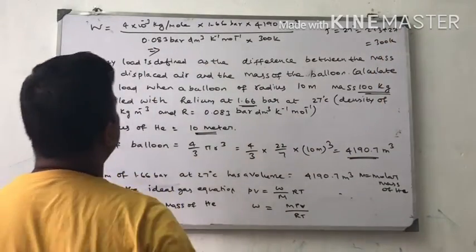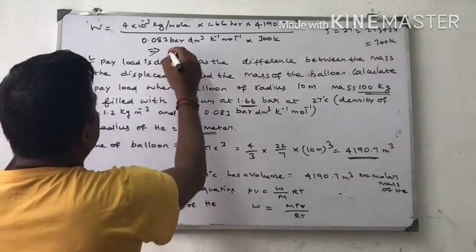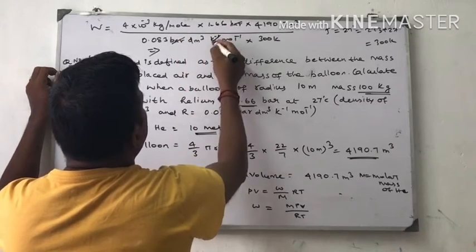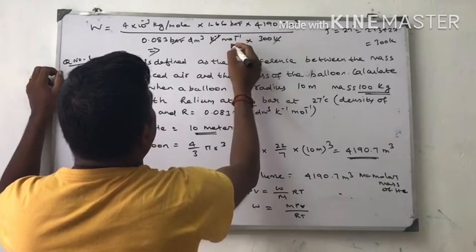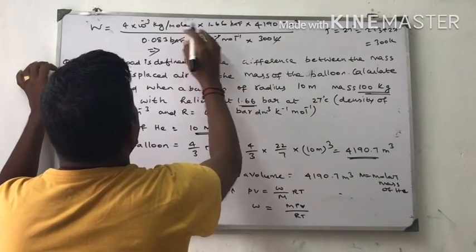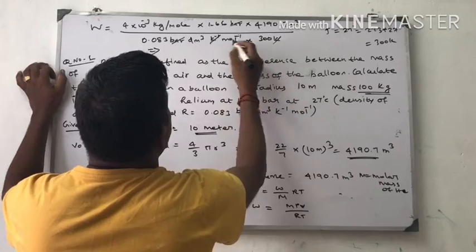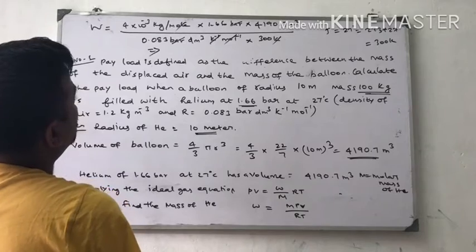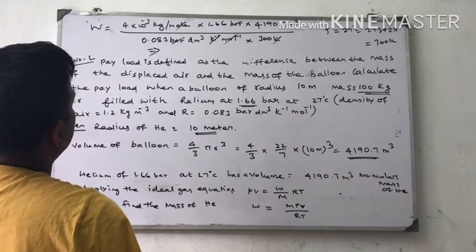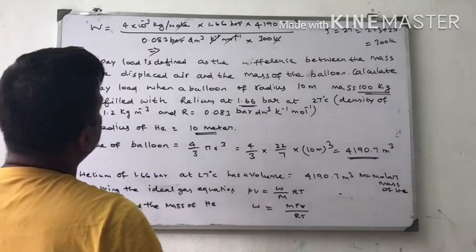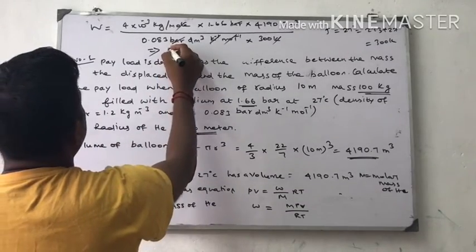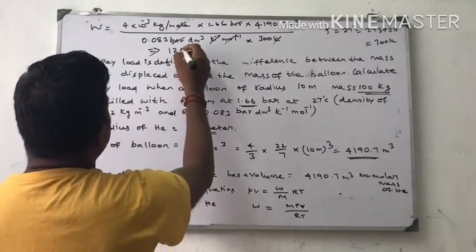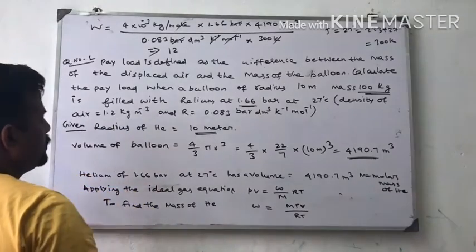On simplifying all this, bar cancels, Kelvin inverse and Kelvin cancel, mole inverse and mole cancel. On simplifying, we get 1200 something.